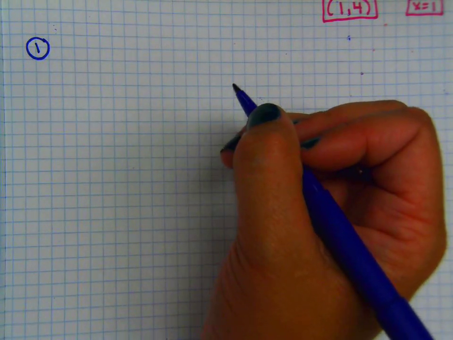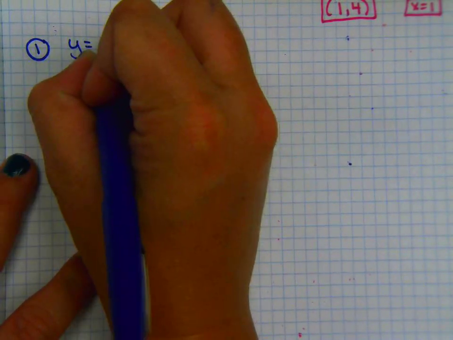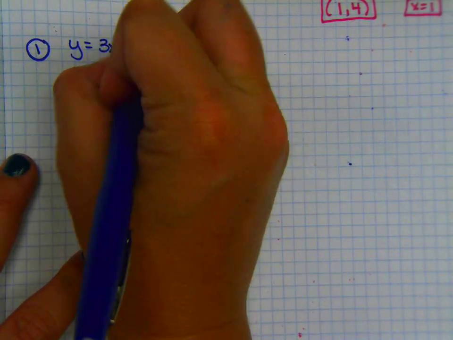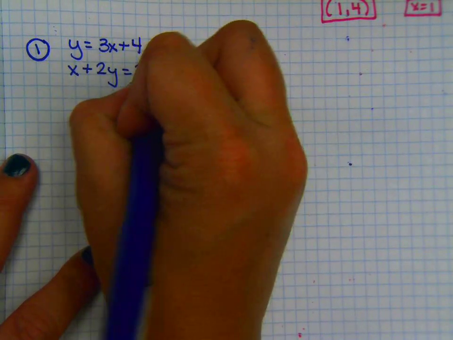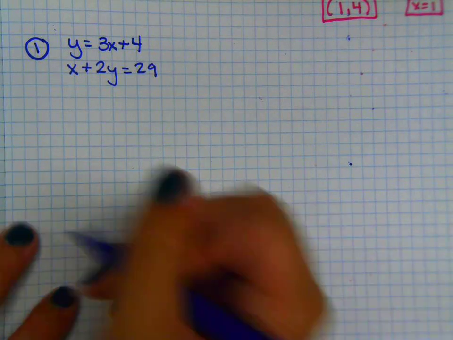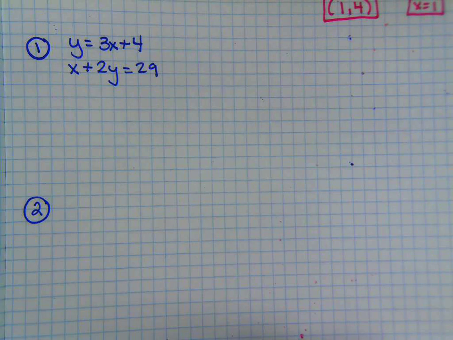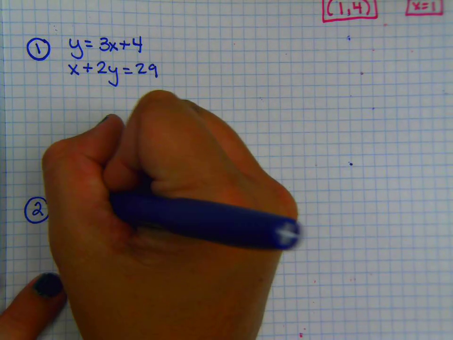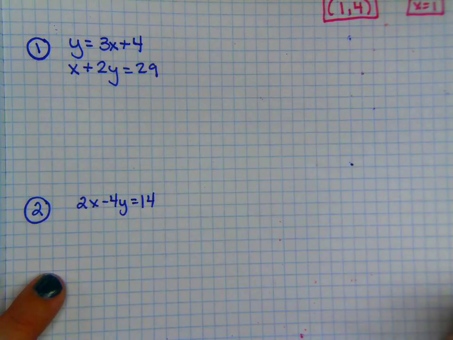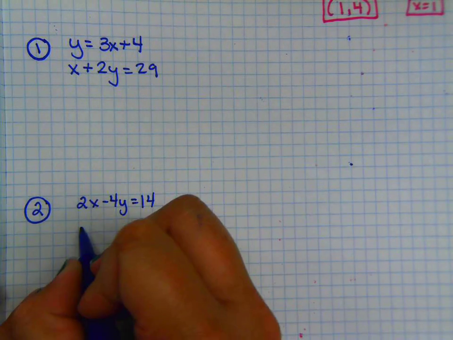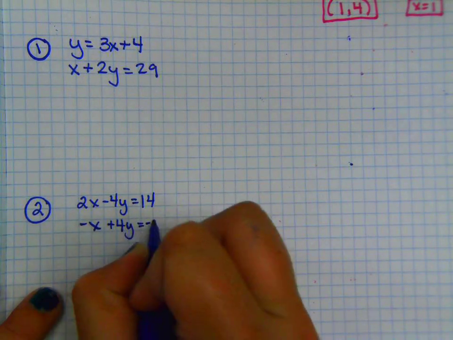Problem 1 is going to be y equals 3x plus 4, x plus 2y equals 29. The second one is going to be 2x minus 4y equals 14 and negative x plus 4y equals negative 3.